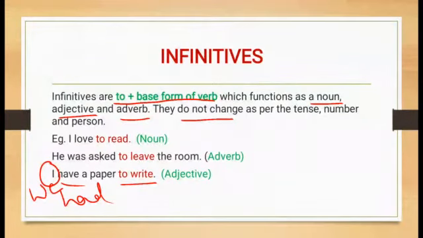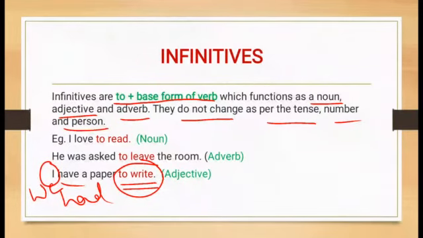Still, there will be no change in the verb to write. We have a paper to write. We had a paper to write. So, there is no change in this infinitive. It does not change as per the tense, number and person.